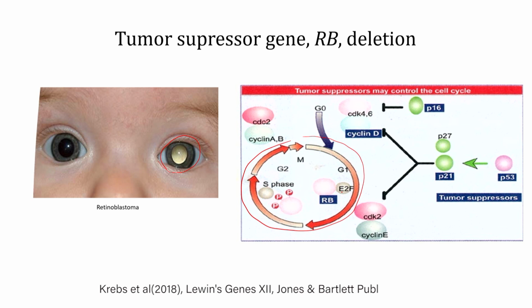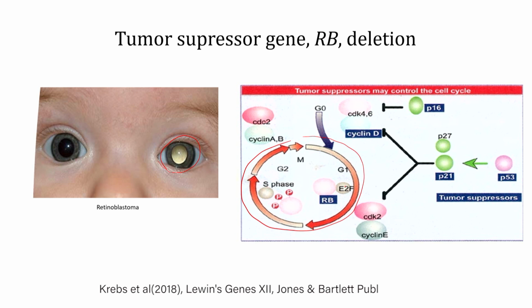So this RB gene product, that is RB protein, in G1 binds with one of the important transcription factors, E2F, and does not allow it to function.